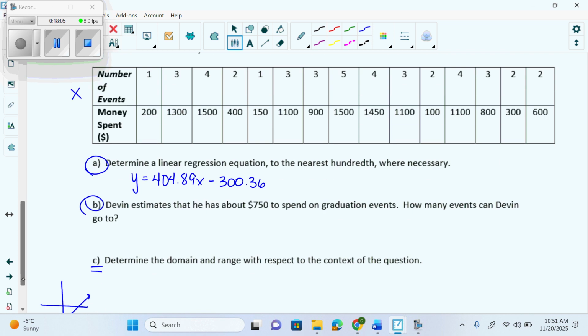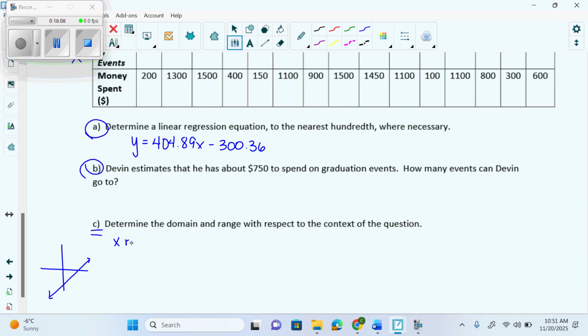So I know my X minimum for number of events is 0 events. What is his X maximum? Is there a limit on what he can do? Or is there an infinite number of events he could do? He doesn't have an amount that he's limited to, right? So there's an infinite number of events.